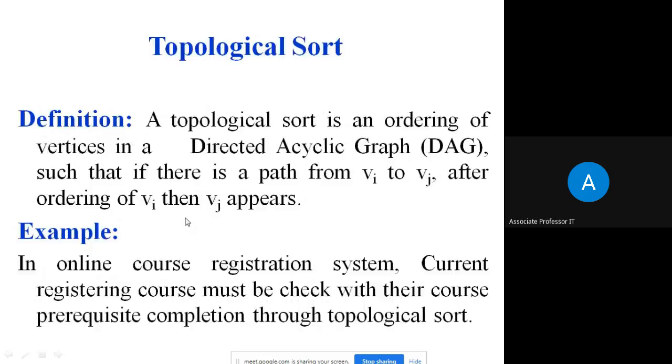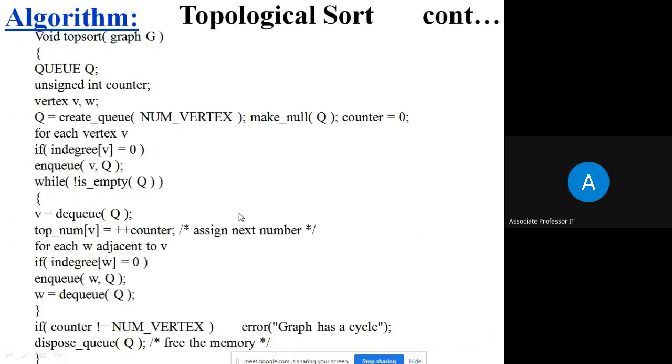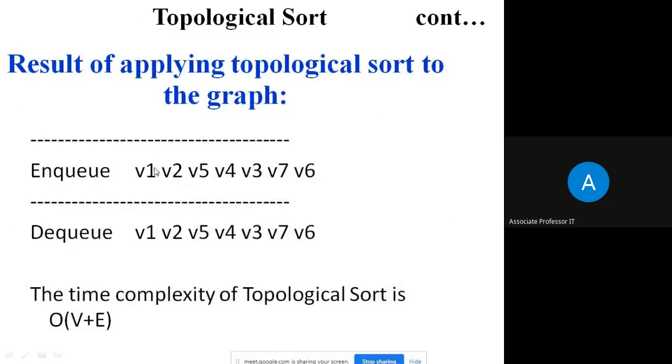Now the result of applying topological sort to the graph. See the graph. In this graph, the vertex with no incoming edges is deleted from the graph first. Which has no incoming edges? V1. This is the outgoing edge. V1 has no incoming edges, so it is printed and enqueued in the list.